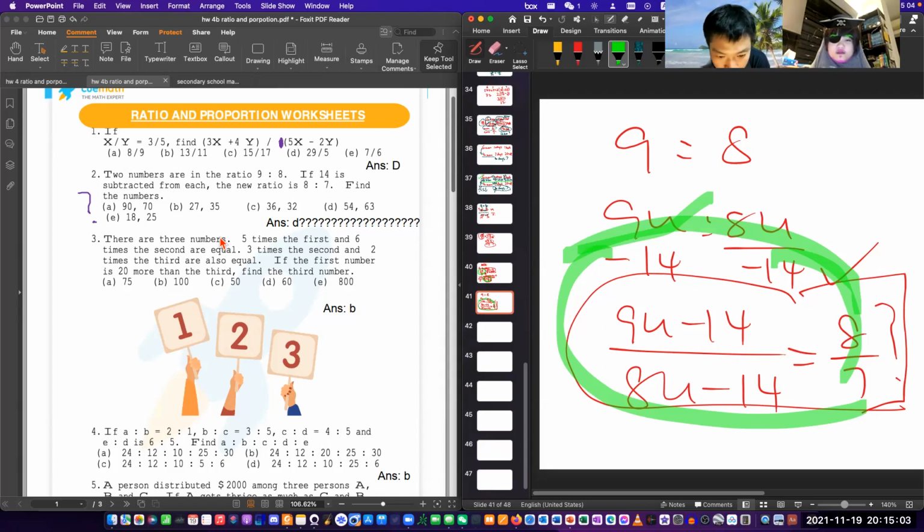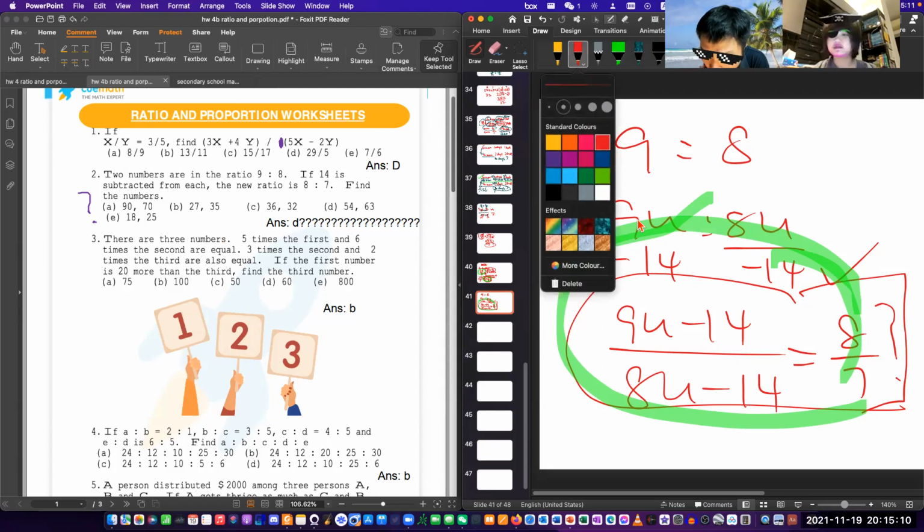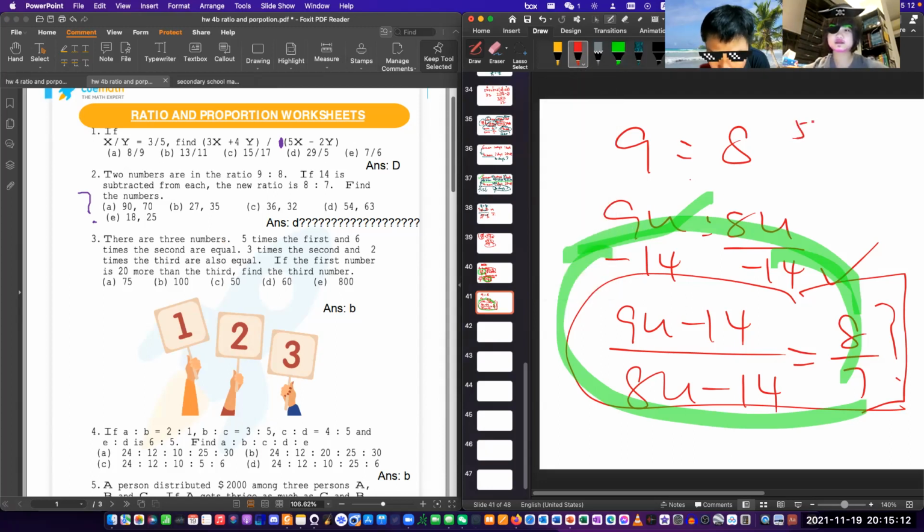You have chosen D. I think D fits. So you are saying 54, so 54 minus 14 and then 63 minus 14. So 63 minus 14 is... wait, never mind. It doesn't make sense.